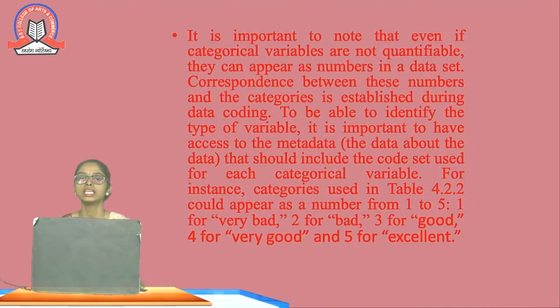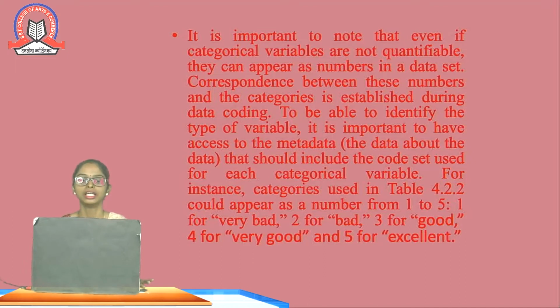It is important to note that even if categorical variables are not quantifiable, they can appear as numbers in a data set. Correspondence between these numbers and the categories is established during data coding. To be able to identify the types of variables, it is important to have access to the metadata.